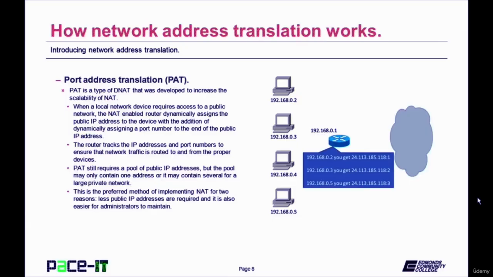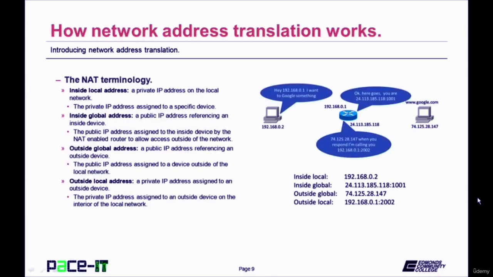PAT still requires a pool of public IP addresses, but the pool may only contain one public IP address, or it may contain several for a large private network. This is the preferred method of implementing network address translation for two reasons. First off, there's less public IP addresses that are required, and it makes it easier for an administrator to maintain.